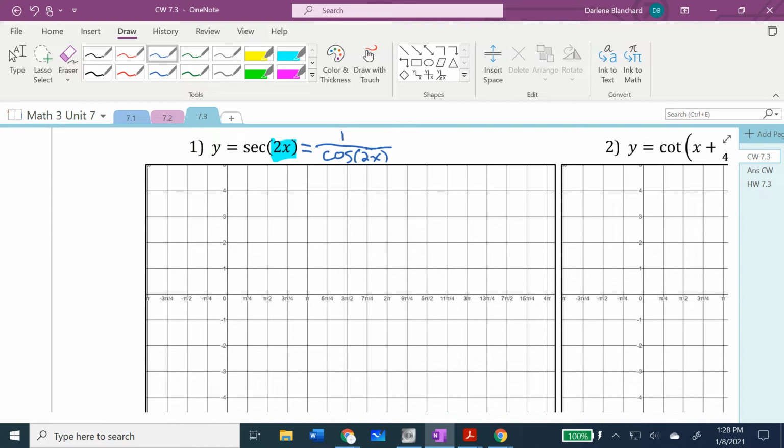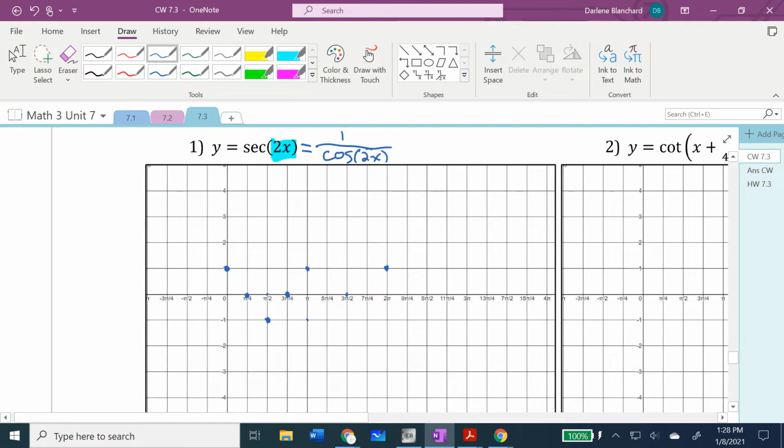When I graph the cosine of 2x, the period of cosine has been divided by 2. When x is equal to 0, no change. But normally I have 0 at pi over 2, cut it in half. Normally I'm at -1 when I reach pi, cut it in half. Normally I'm back to 0 at 3 pi over 2, cut that in half, and that's going to be 3 pi over 4. And normally at 2 pi, my cosine is back to 1, cut that in half, and that's pi.